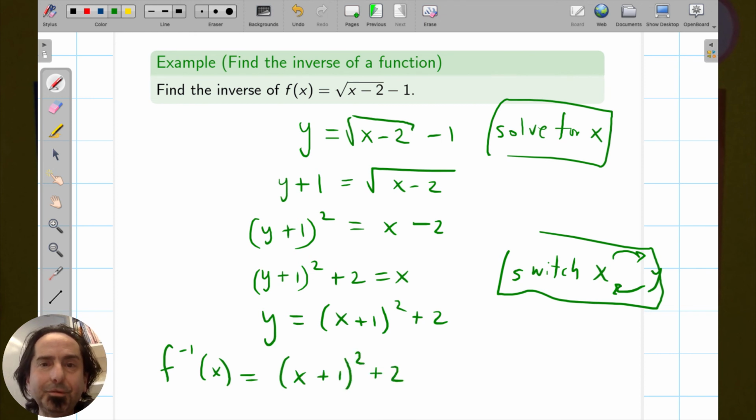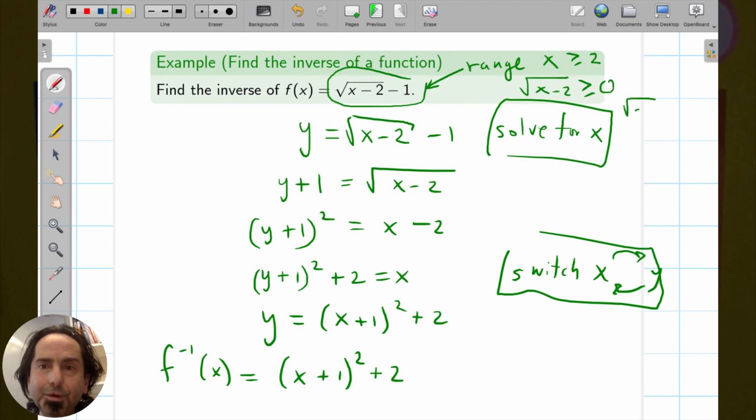But we have to think about the domain. And that means we need to figure out the range here. The range here is that x must be bigger than or equal to 2. So that means that root of x minus 2 is going to be bigger than or equal to 0.